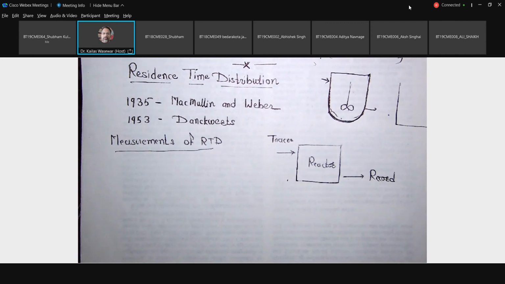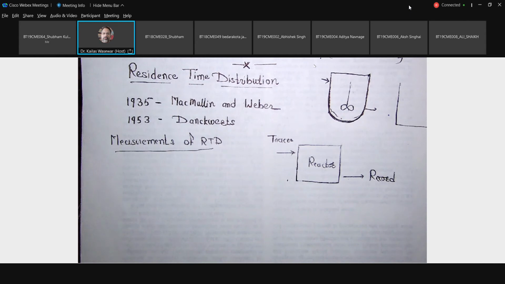I think someone has asked me in the chat box, sir, what is the non-ideality in PFR if we neglect the axial dispersion? Yeah, if we neglect it, but up to what extent can we neglect the axial dispersion? There must be a certain limit for that. We should not deviate much. That we'll see later on, when we go for axial dispersion. It depends on the dispersion number or dispersion coefficient that we will calculate.